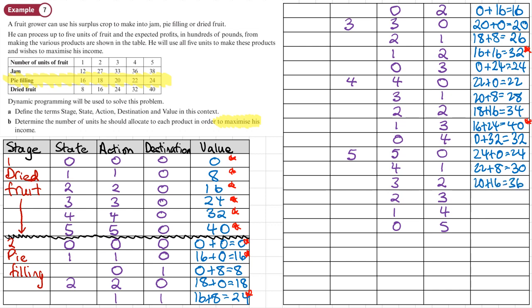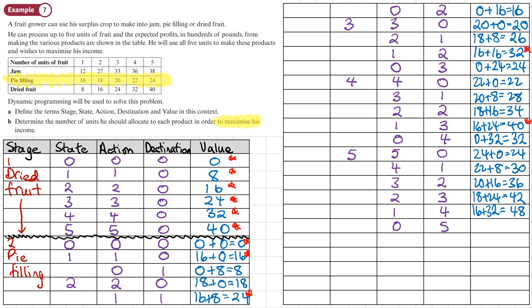Use 2, pass on 3, so if I use 2 that's 18, and if I pass on 3 that's 24, so it's going to be 18 plus 24, which is going to be 42. And use 1, 16, pass on 4, so 16 plus 32, and that's going to be 48.